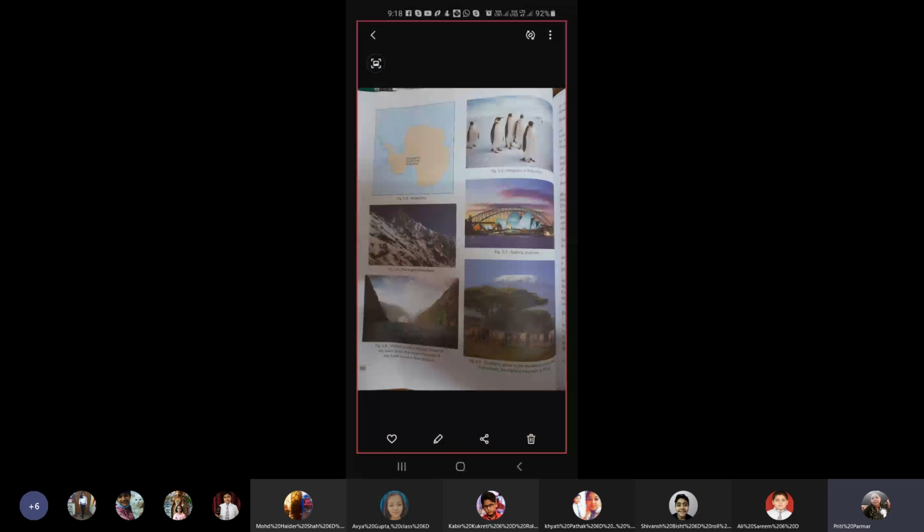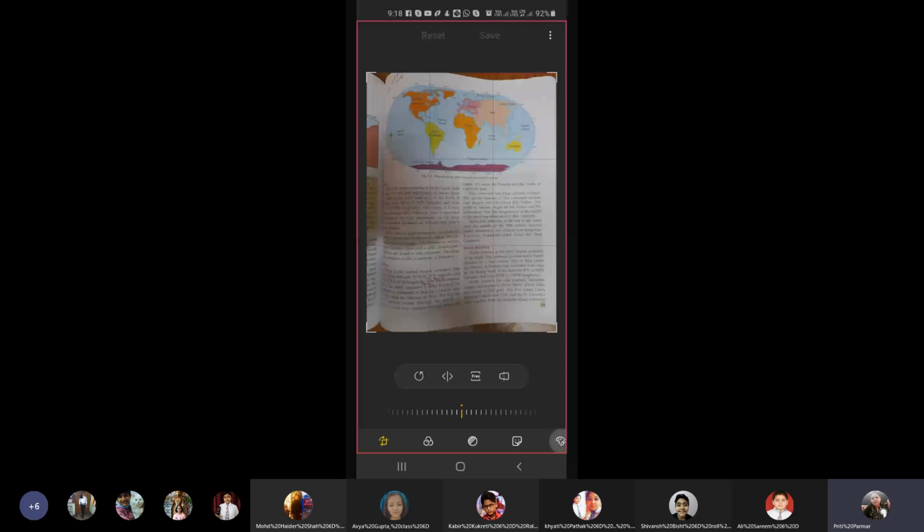This is the Pacific Ocean, this is the Atlantic Ocean, this is the Indian Ocean, and all these three together are surrounding Antarctica. That is why this area near the continent is also known as the Antarctic or the Southern Ocean.